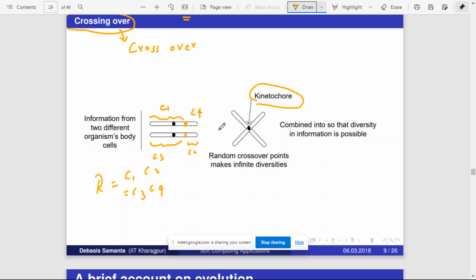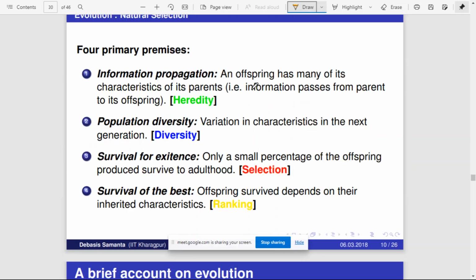Maximum it will match the parents, but you cannot say that it will match 100%. The offspring may have some unique characteristics, but mostly it will resemble the parent. That is called information propagation. The information is propagated from the parent to the offspring, which we also call hereditary, right?